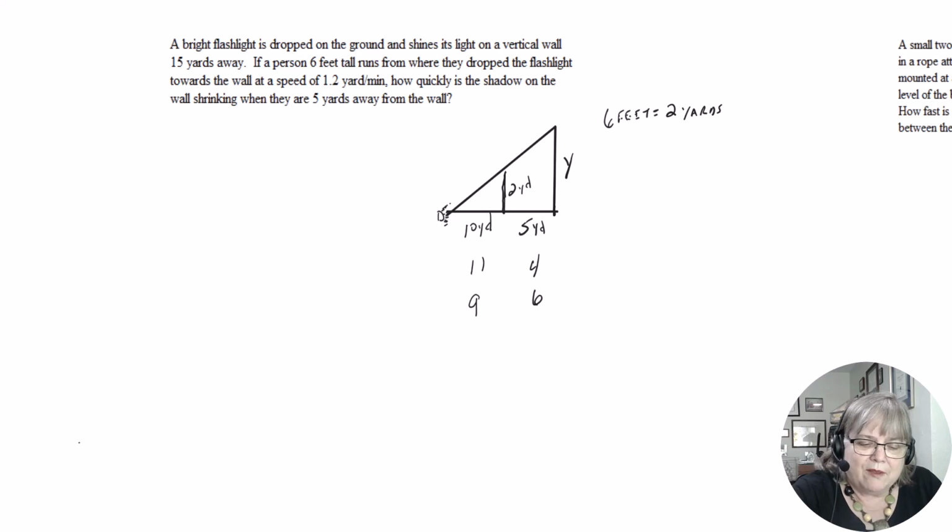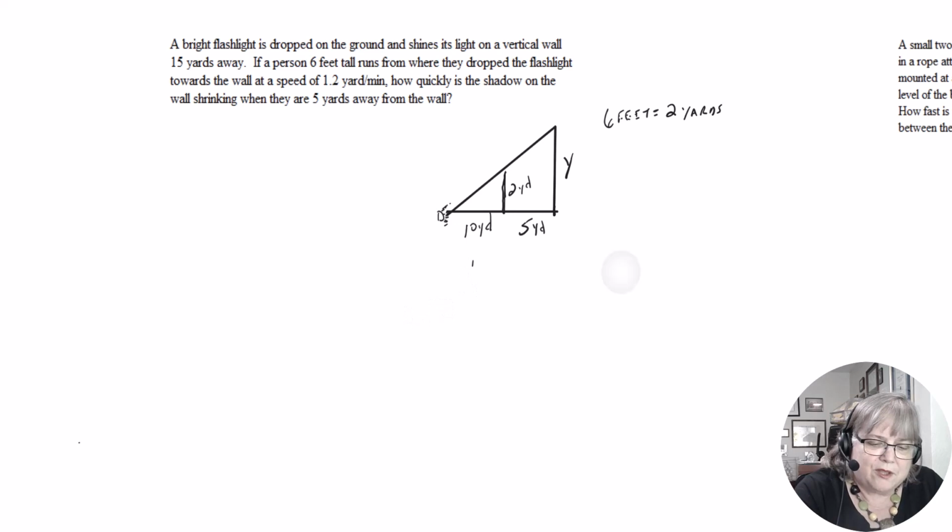So whatever this distance is right here, this distance is 15 minus whatever that distance from the wall is. So 15 minus this one is how you get this other side.